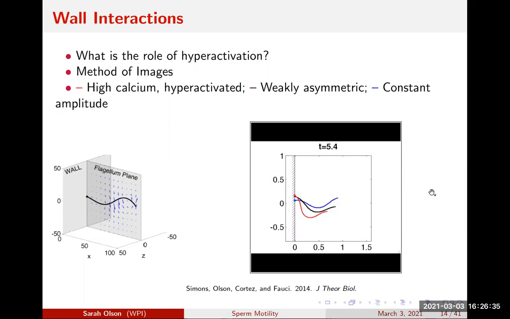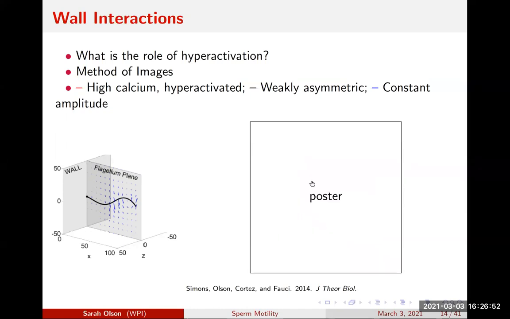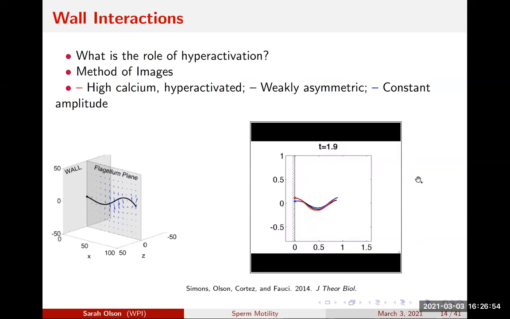If they start close to a wall, they all rotate a little bit. The calcium one, due to the higher calcium concentration and asymmetric amplitude, is allowed to keep making forward progress, where the other 2 swimmers get stuck due to satisfying that 0 velocity at the wall.